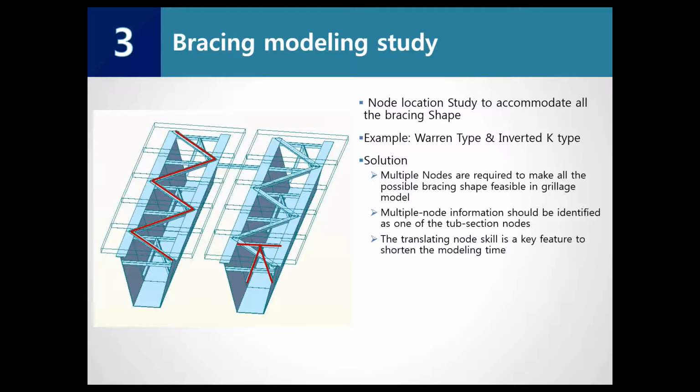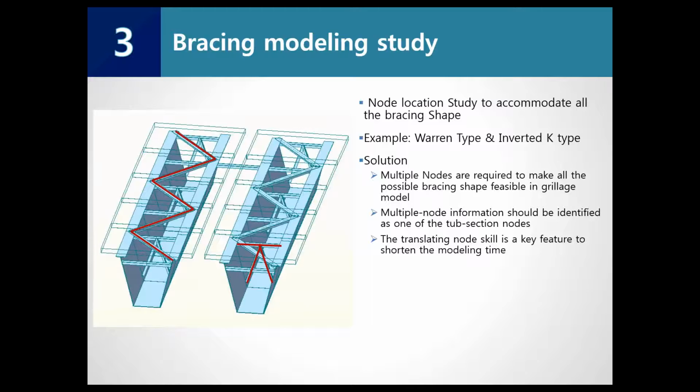For that, a node location study should be conducted to accommodate all the bracing shapes. So the first solution is that multiple nodes are required to make all the possible bracing shapes feasible in the girder model. As you know, in MIDAS Civil, in a girder model, steel top sections are expressed by one beam element node, but there would be 4 or 5 connection dots required to connect the K bracing system to steel top sections.